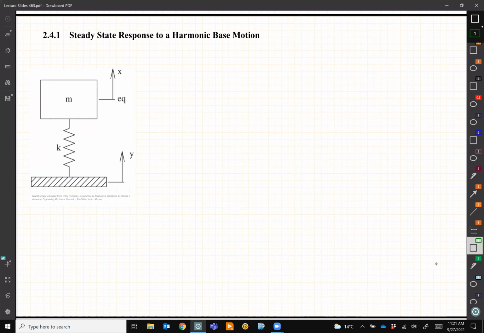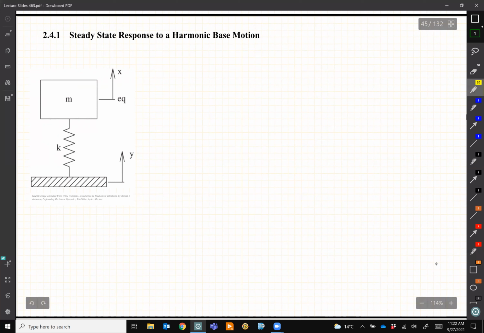So that's a very common thing, and we call it base motion or base excitation. And since we are in the very first topic, still we are in harmonic base motion. Of course, you may say road is never harmonic, right? It's not sinusoidal, but later you will see, if we know how to solve this one, we will figure how to solve a road vibration.